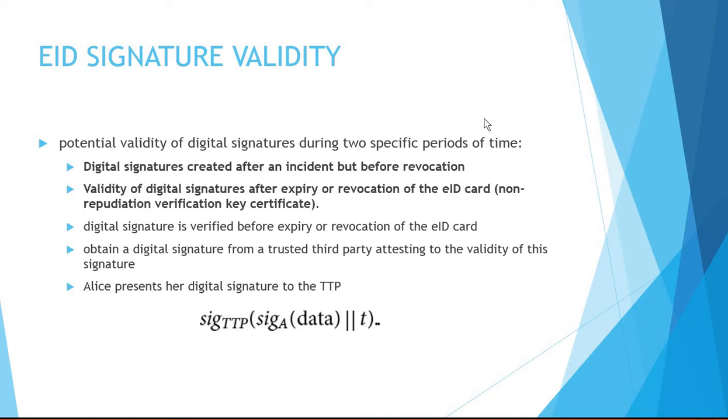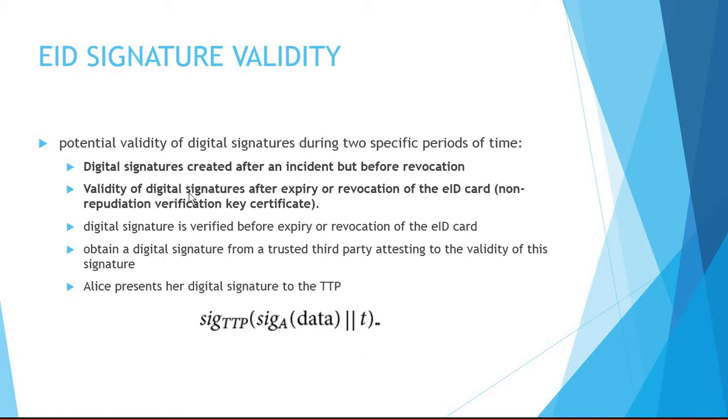Now we will see how the electronic ID signature validity works. There are two different situations where the electronic ID signature validity is affected. The first one is if some particular incident which should not happen has happened, due to that the revocation may happen.